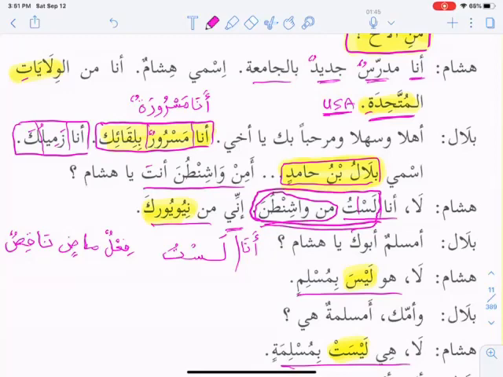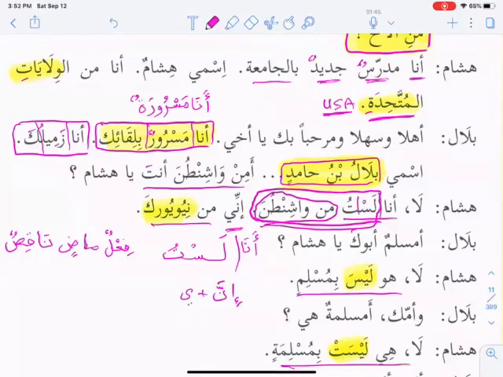Now, if you don't understand, don't worry, because I think this is a little higher level of understanding, but see if some of you can understand. Inni, so what is inni? In plus ni. Inni, ya mutakallim.